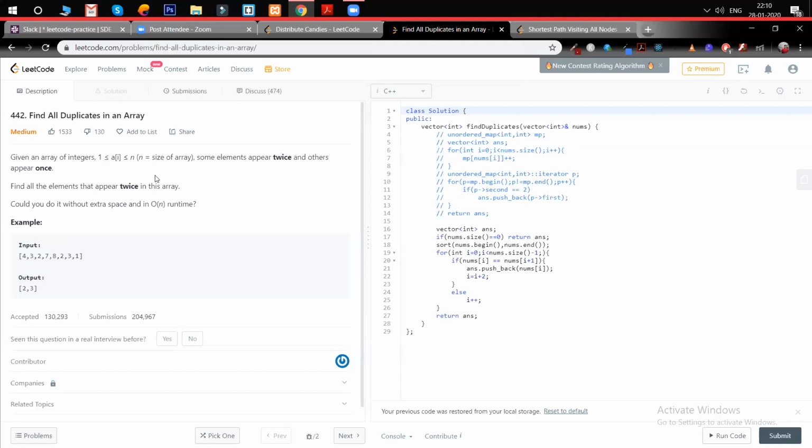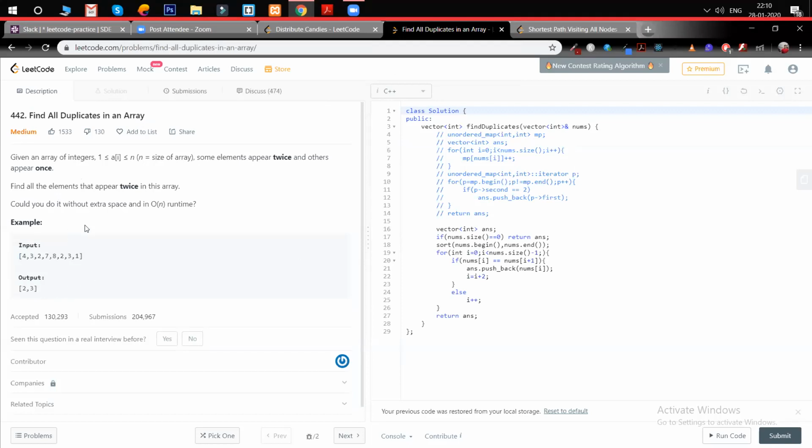So the next question was from the medium bucket, and it's to find all the duplicates in an array. We are given an array, and we have to find those elements which are appearing twice, and push them into another array and return that.